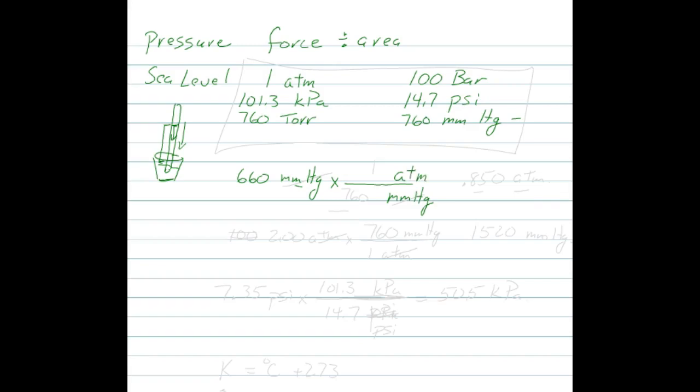ATM is the abbreviation for atmosphere, so 1 atmosphere is 760 millimeters of mercury. So you divide 660 by 760 to get your answer. Remember to round off to 3 significant digits and label it.